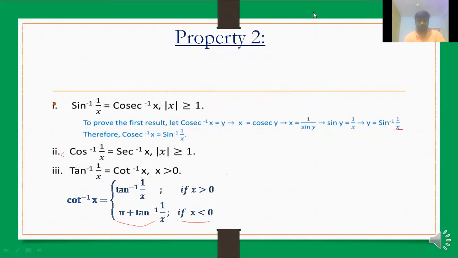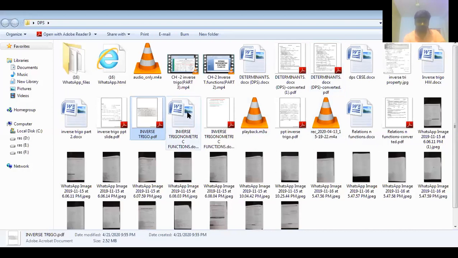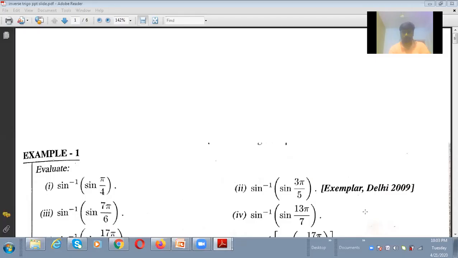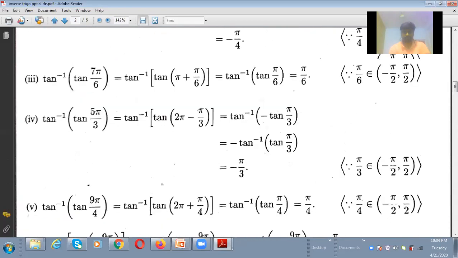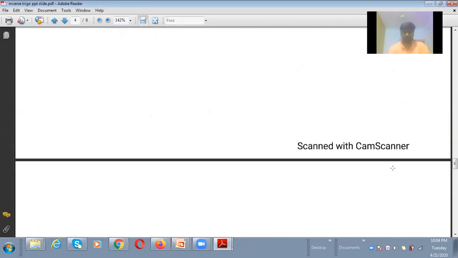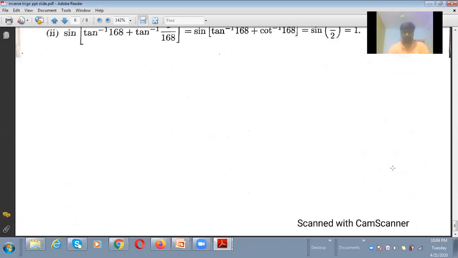Just have a look at that property, which we discussed in the previous class. Now, in this case we have discussed the property of that one. Let us recall that.